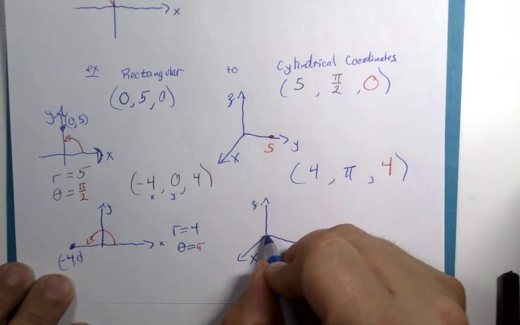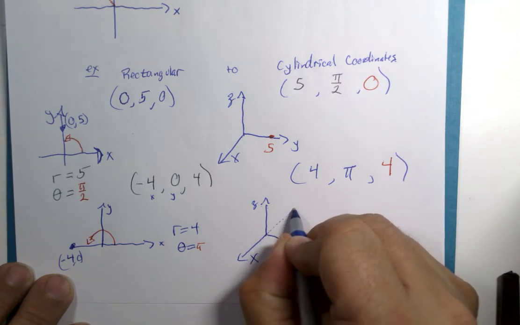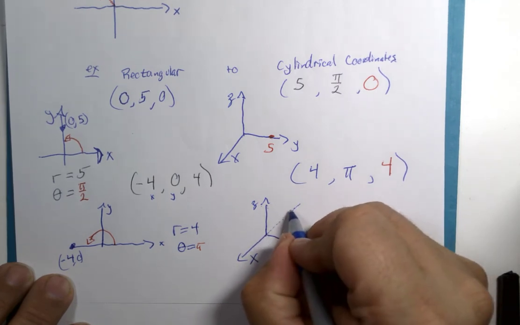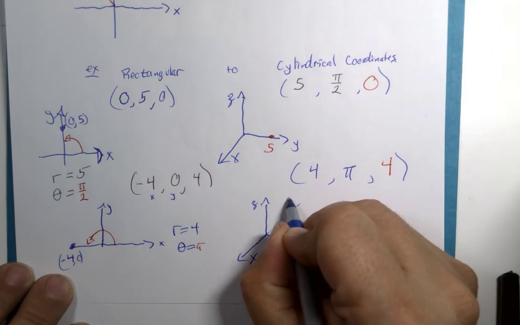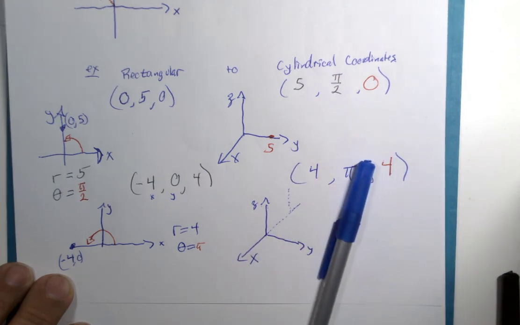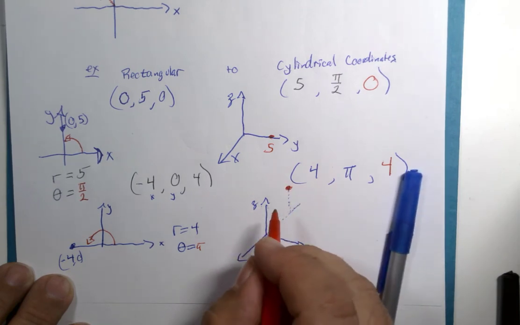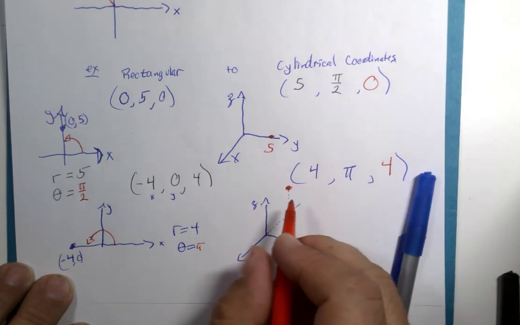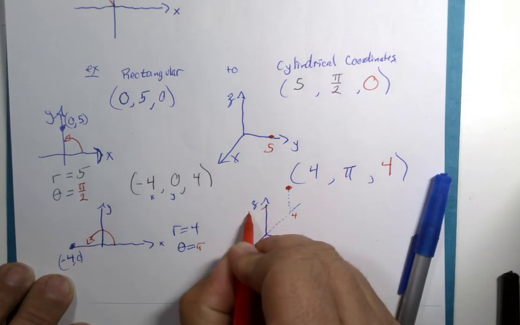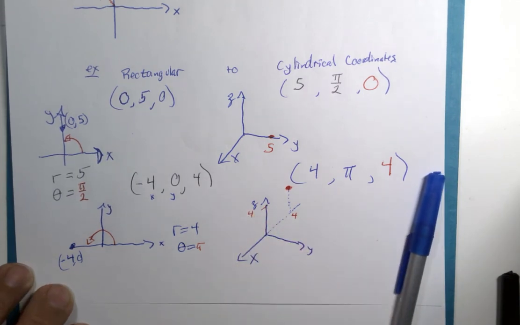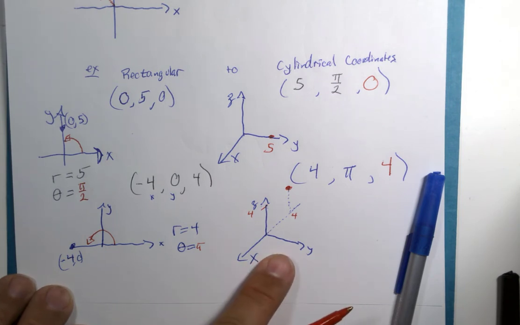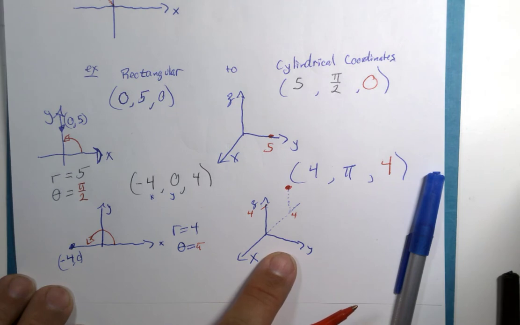Oh, x is negative 4. I have to travel this way. And then I have to travel upwards in the z 4 units. It's on the xz plane, so that's 4 units and that's 4 units. But recall in my class I typically don't have students sketching points. But if I provided you a really good 3D version of the picture, you should be able to identify the coordinates.